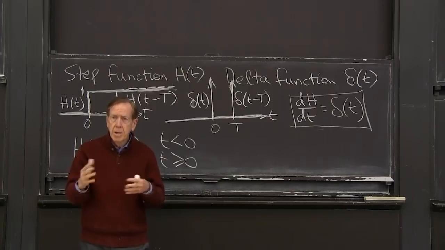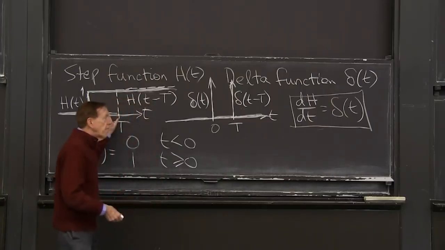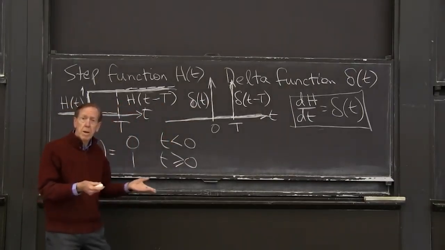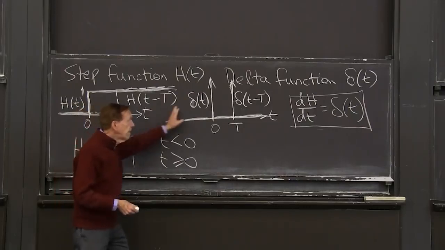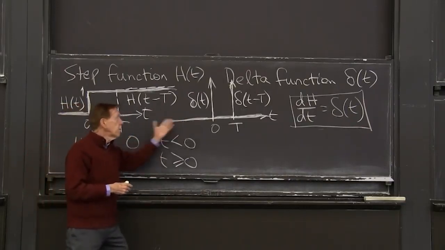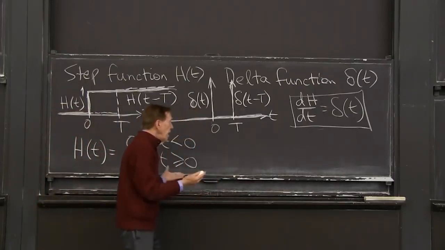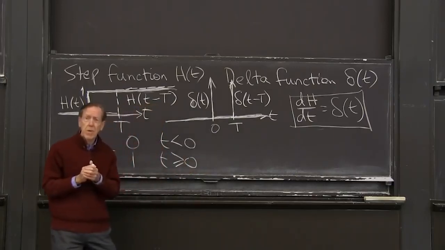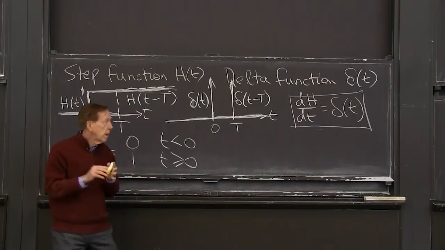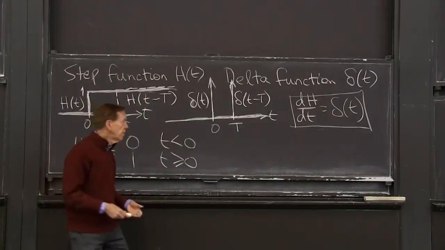Integration tends to make things smoother. The step function is the integral of the delta function, right? We're going in the opposite direction. If we take derivatives, we get craziness. If we take integrals, the integral of the delta is the step function, and that's really how you know a delta function. That's the math way to describe more exactly than this arrow that just fires off what the delta function's doing.